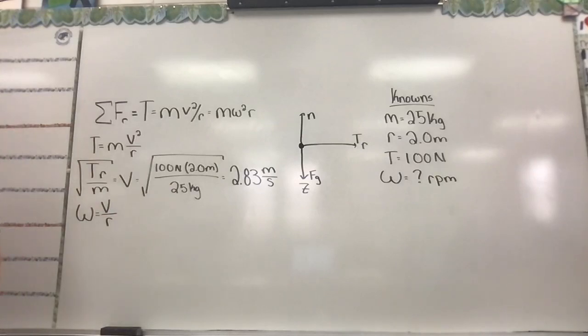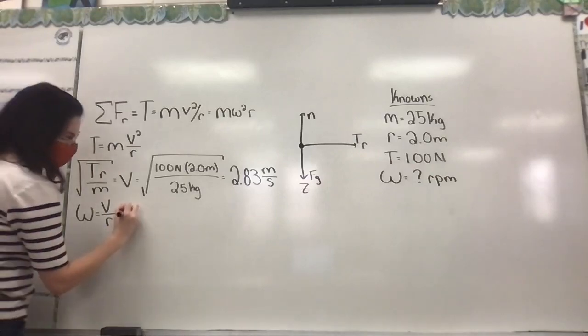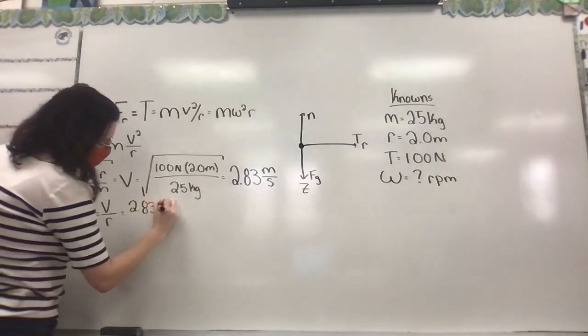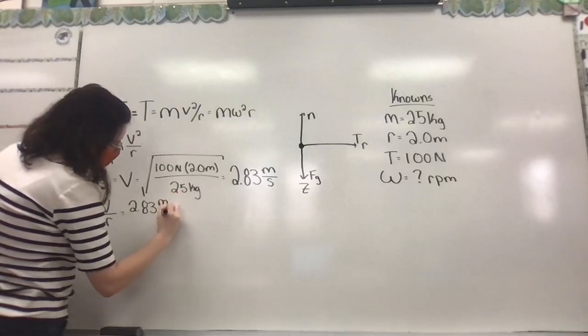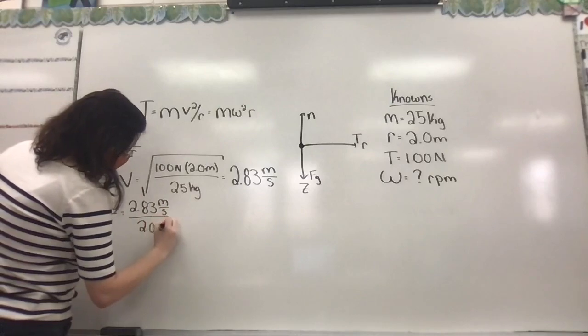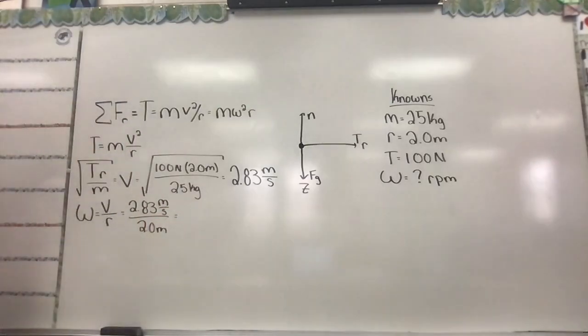Somewhere back in your notes previously. So we just found our v, which is 2.83 meters per second. And what's our r? 2 meters. So who can tell me what our angular velocity is here?